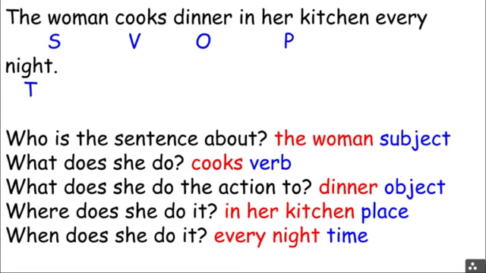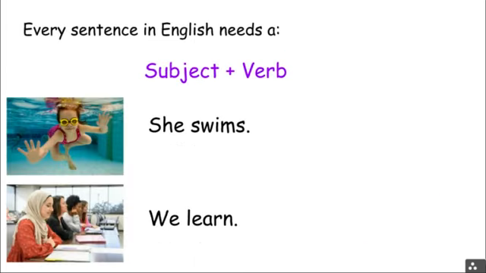This is a pattern that we use in English all the time. If you write a sentence with subject, verb, object, place, time, your sentence will be 100% correct. So let's keep practicing. In English, every sentence has to have a subject verb.